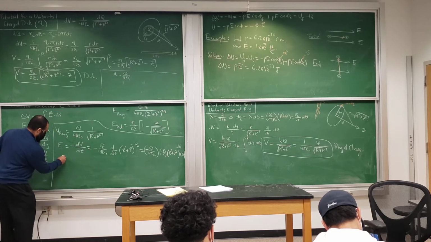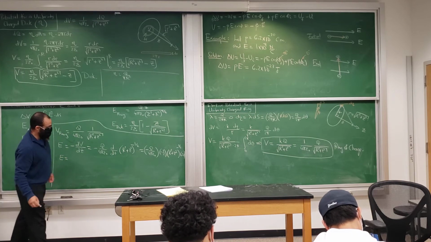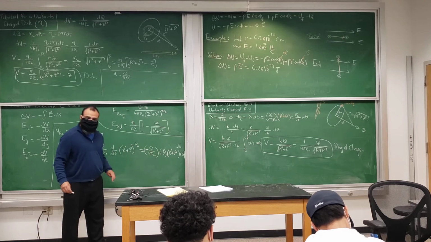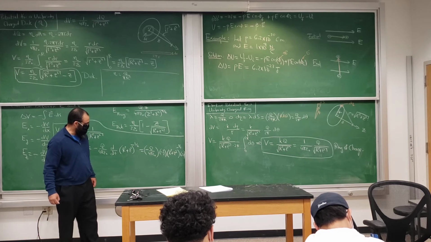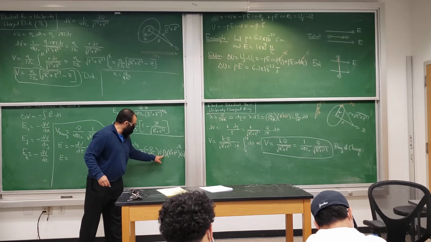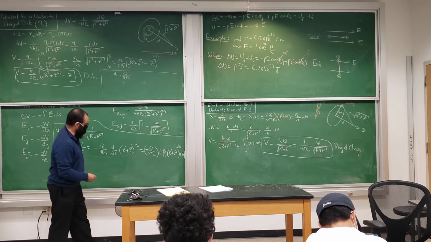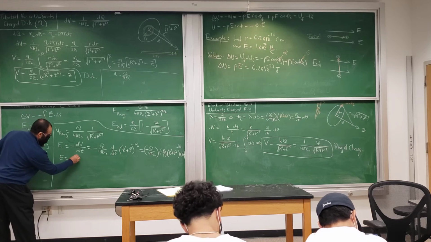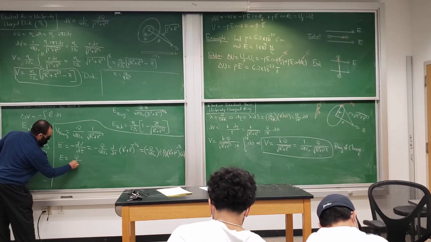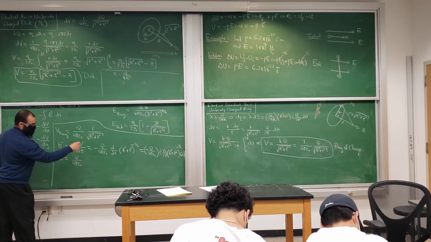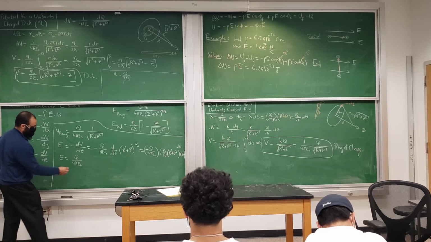And so we get, let's see, E would be, you got a minus times a minus, that's a plus, so everything becomes a plus. You got 2z and the 1/2, so the 1/2 and the 2 cancel each other. So you have q over 4 pi epsilon naught, again, the minus sign went away with the other minus sign.